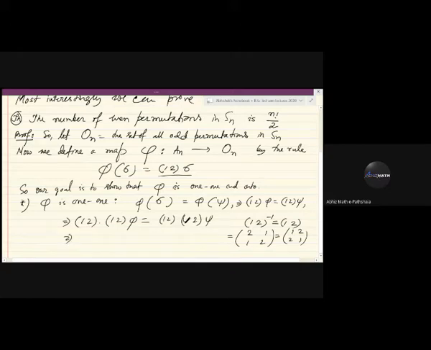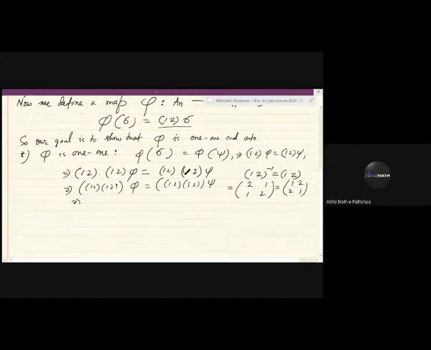Since (1 2) inverse is (1 2) itself, this will be the identity E. So E sigma equals E psi, that means sigma equals psi, right? So it proves that phi is one-one.